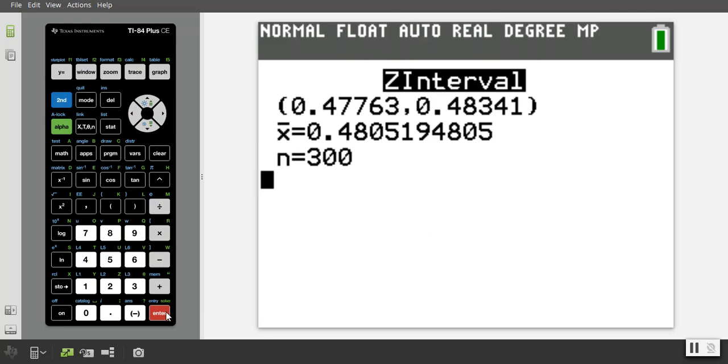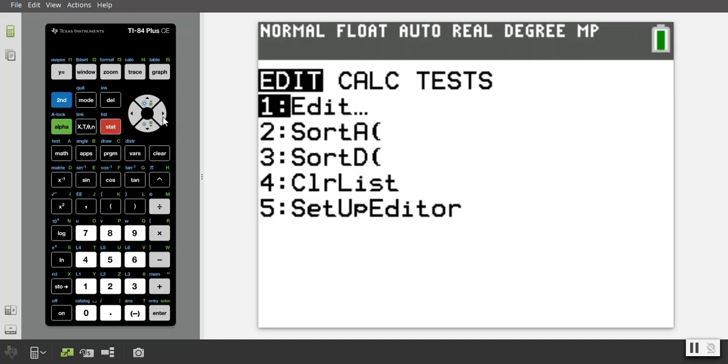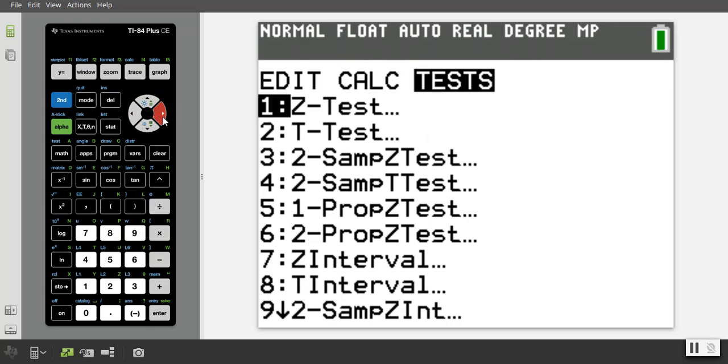And let's see, why did it give us not really what we wanted? Yeah, sometimes the calculator doesn't give us what we want.